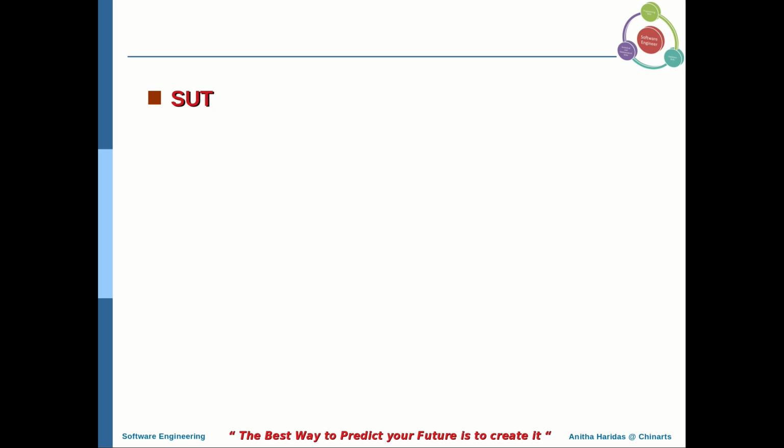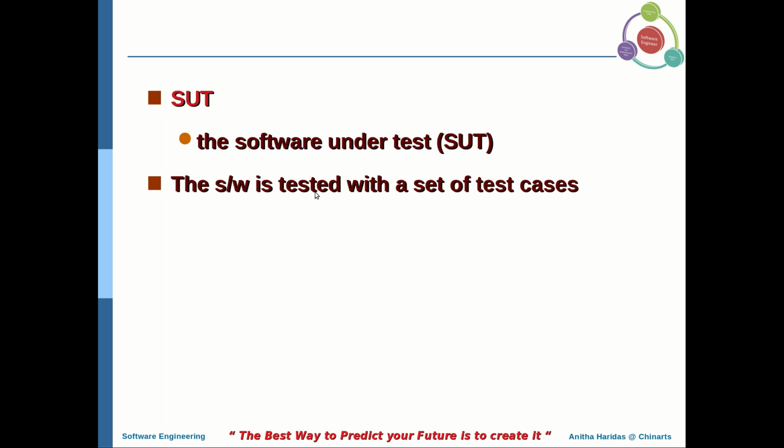Now, whenever you have a software which is used for testing, you call the software as SUT. SUT is nothing but the software under test. So whichever software you are testing, that is called as SUT or software under test. The software will be tested with set of test cases. All the sort of test cases you will be writing for each test case.